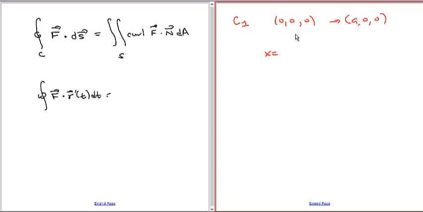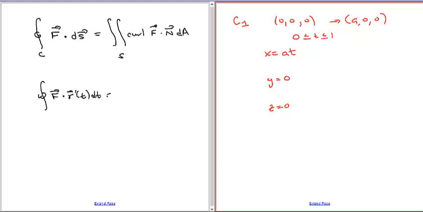Well, let's let t go between 0 and 1, where x is equal to a times t, y is equal to 0, and z is equal to 0. So you can see when t equals 0, you get x equals 0. When t equals 1, you get x equals a.